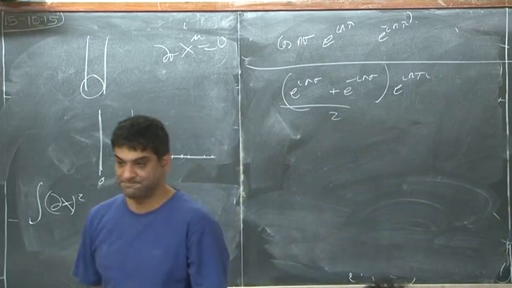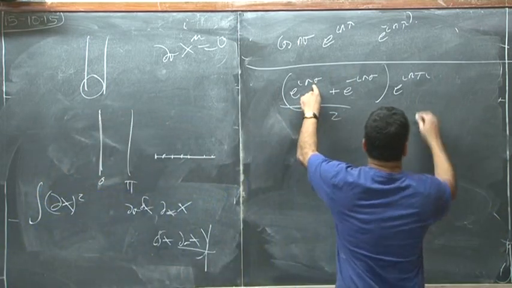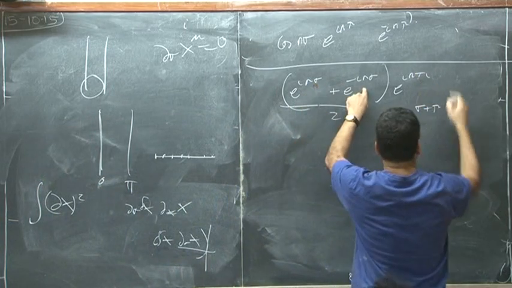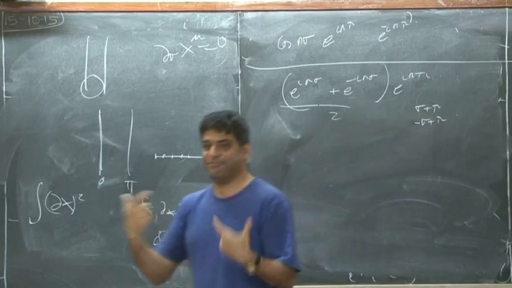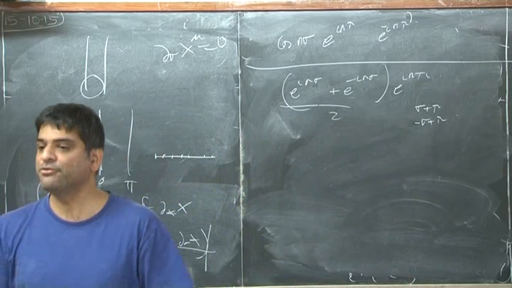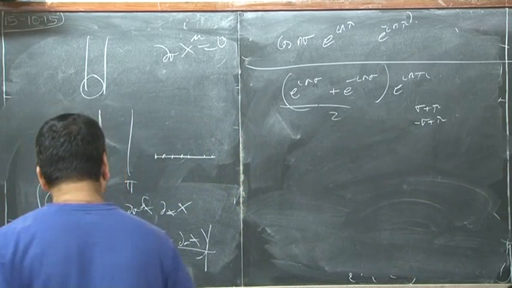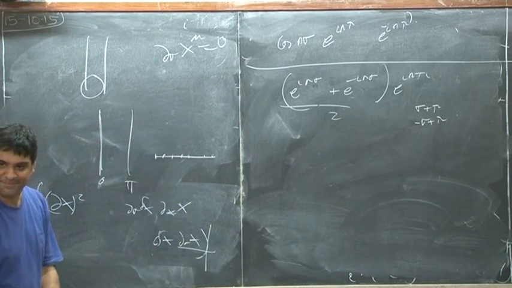That's our solution. Now look at this solution. This solution has a piece that behaves like sigma plus tau, and a piece that behaves like minus sigma plus tau. So it's got a left moving piece and a right moving piece. Okay? And this whole solution lives between 0 and pi.